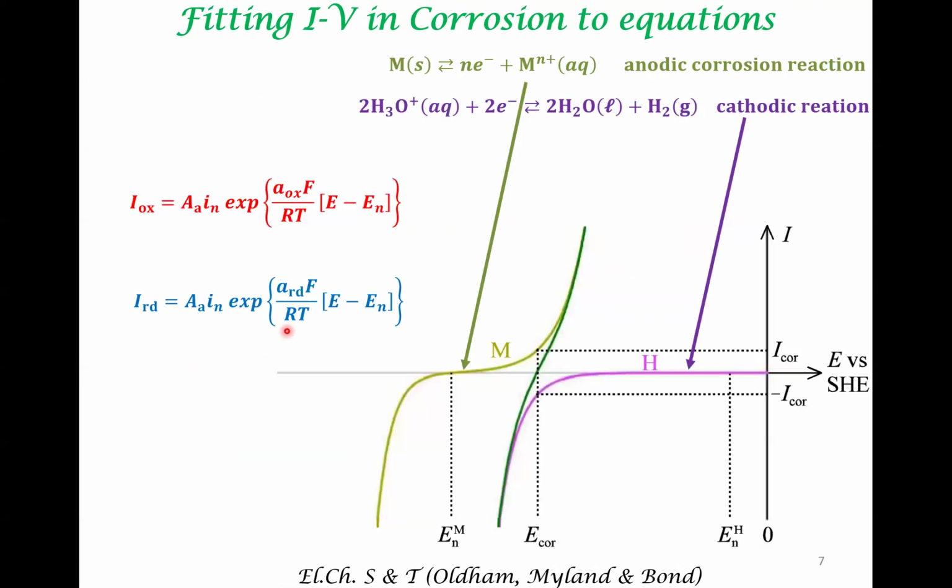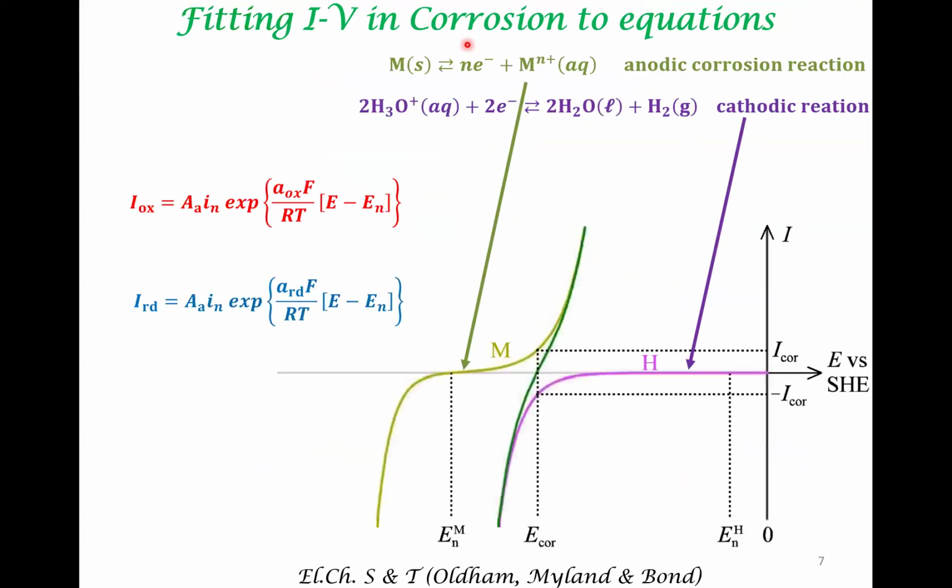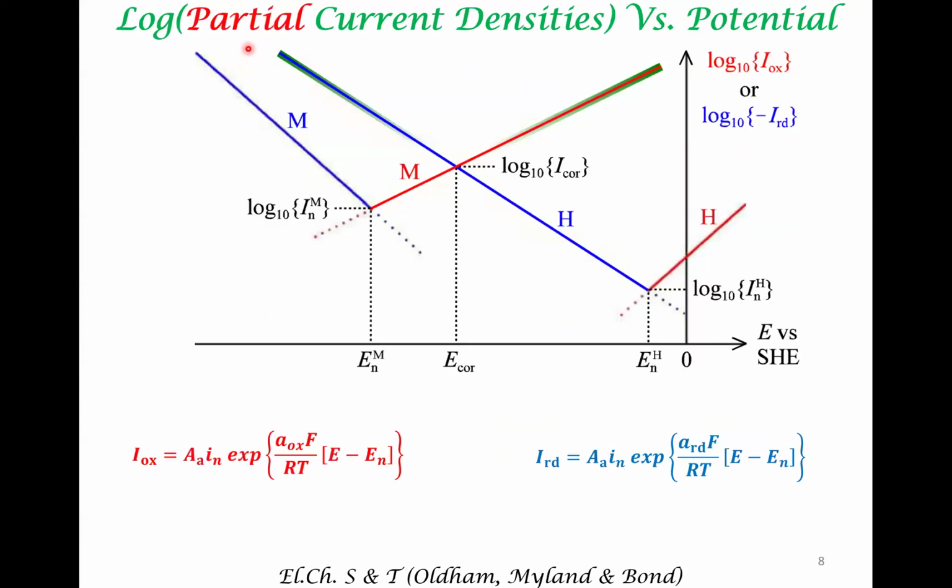Once you have this form of equation, you would tend to take the logarithm and plot the exponential curve as a linear plot. That is what is being shown here. You take the log of partial current densities. What do I mean by partial current densities? There is current corresponding to the oxidation reaction and current corresponding to the reduction reaction. That's what I mean by partial current densities, or partial currents, if not current densities.